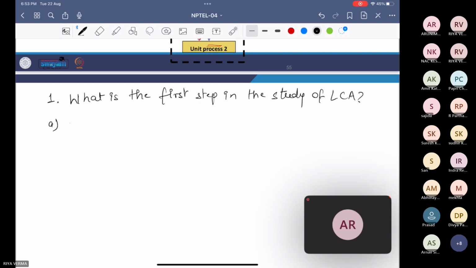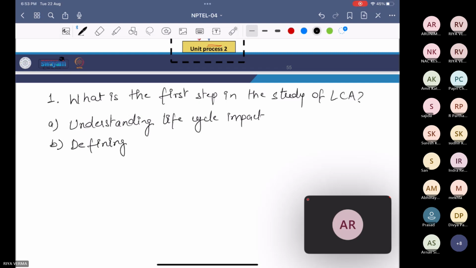The options are: A, understanding life cycle impact. Option B, defining goal and scope.